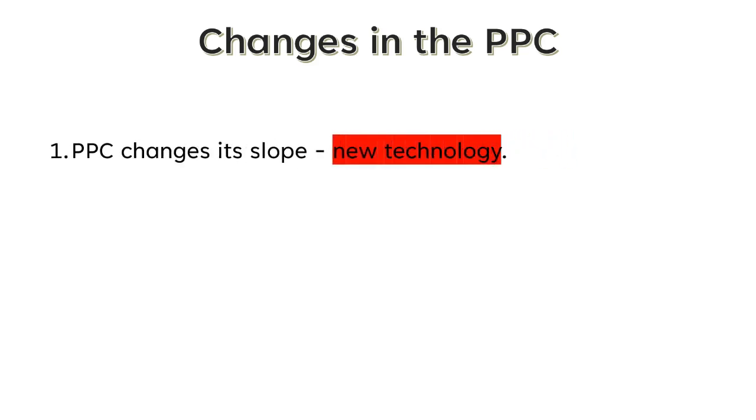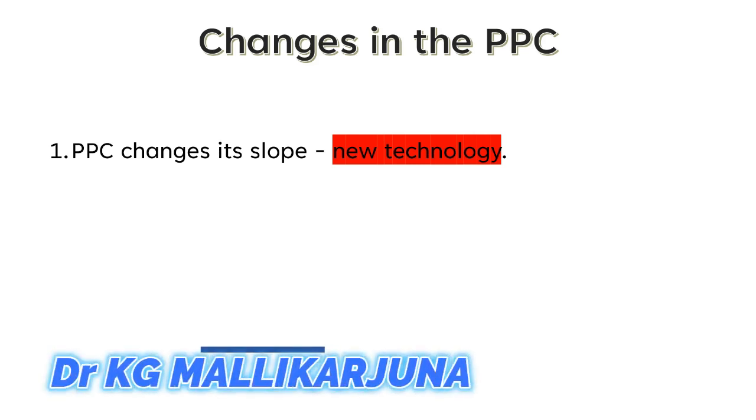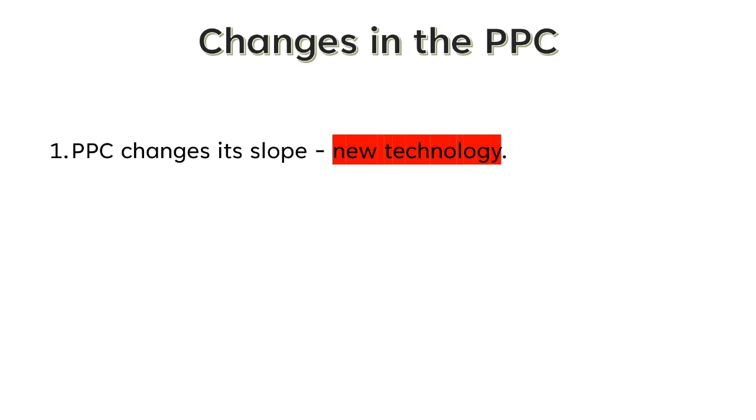Sometimes the production possibility curve may change, and the changes in the production possibility curve may happen in three ways, for three reasons. Firstly, the production possibility curve changes its slope only. This change in the slope of the production possibility curve is possible with a change in technology.